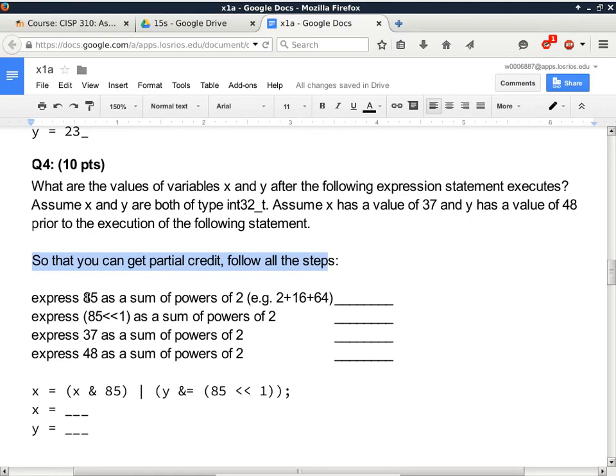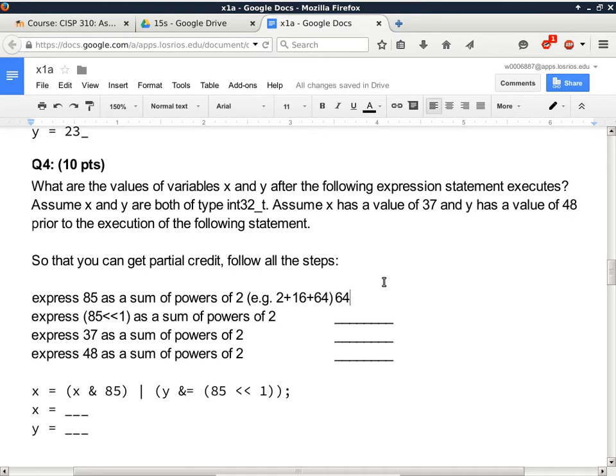So the first step is to express 85 as a sum of powers of 2. Okay, this is an example, which means it is not the answer. Definitely not the answer, okay? All right, so let's take a look at 85, and express it as a sum of powers of 2. It has a 64 in it, right?